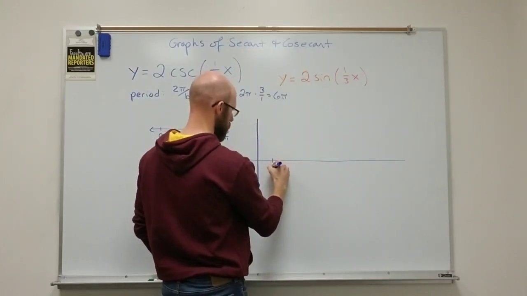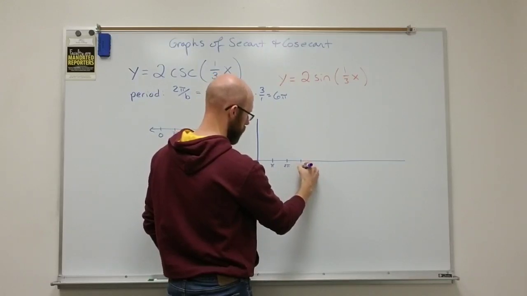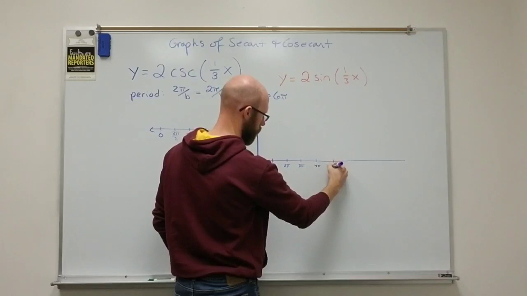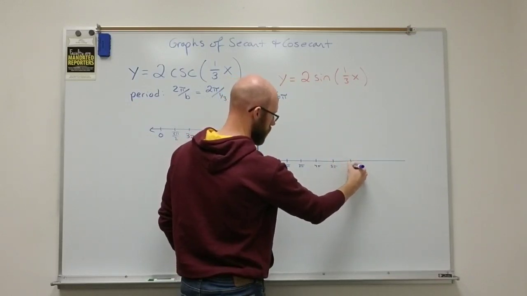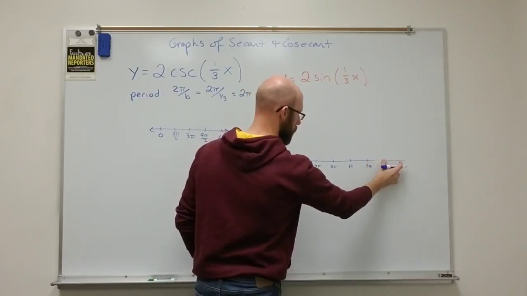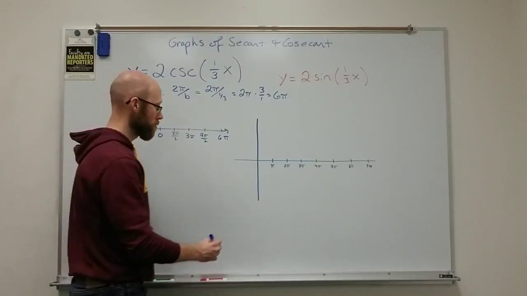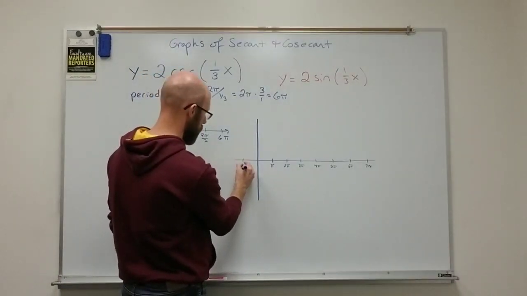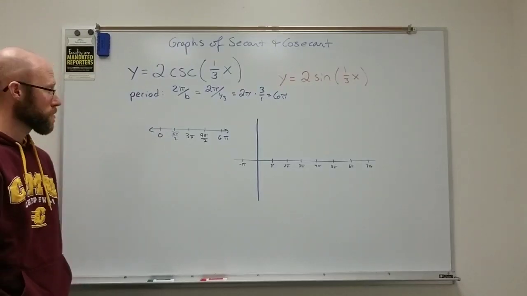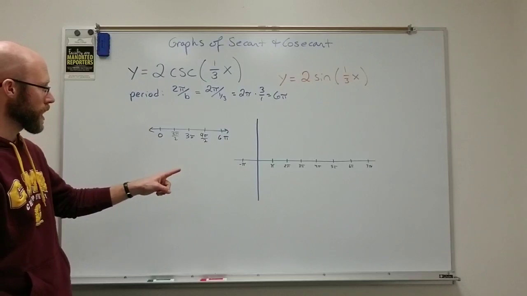I'll just do pi, 2 pi, 3 pi, 4 pi, 5 pi, and 6 pi. Yeah, maybe I'll throw 7 pi in there just so we have a little bit extra, okay? All right, and then maybe I'll throw a negative pi in here as well, just because. Okay, so that gives me my x-axis, pretty much fills in everything I need.